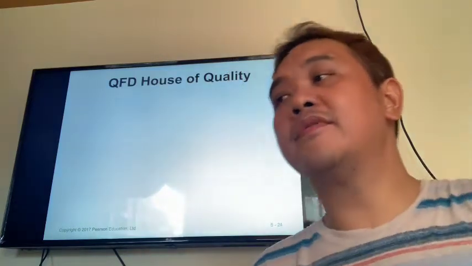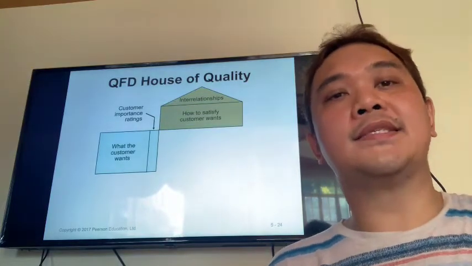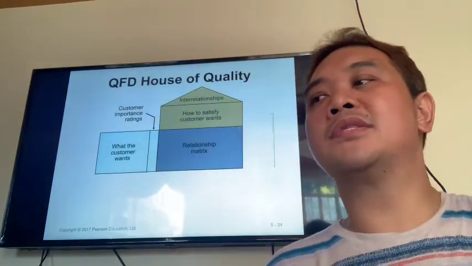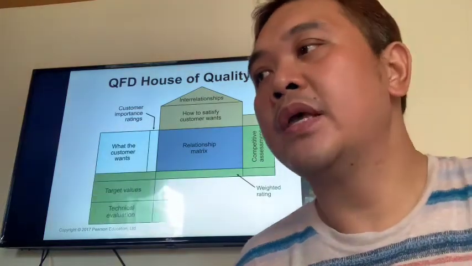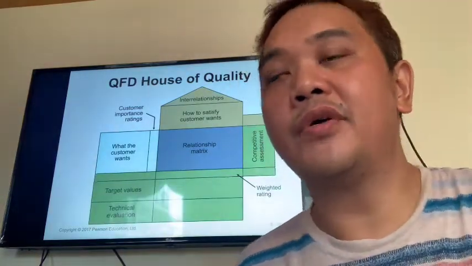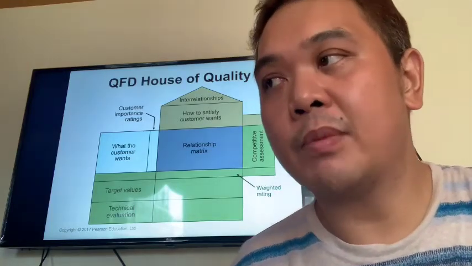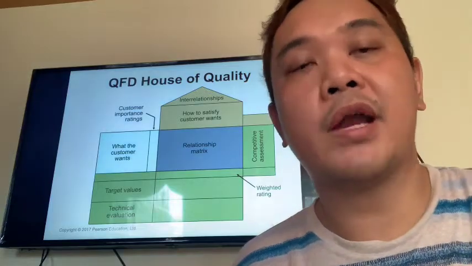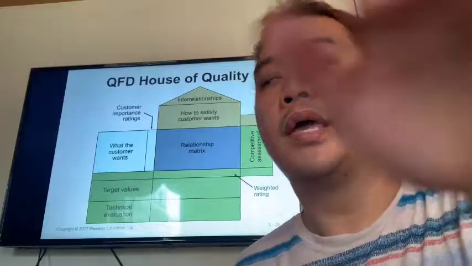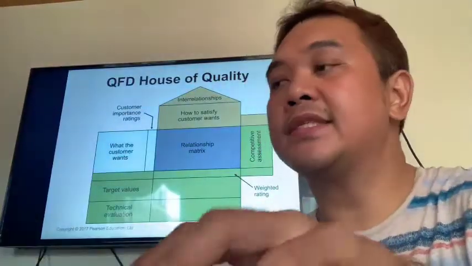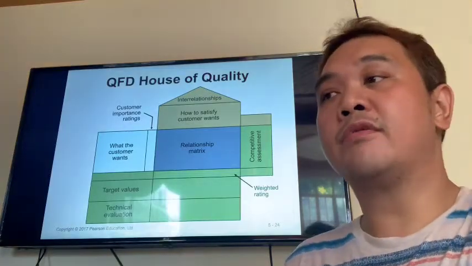So a house of quality, for example, will look like this. Okay? So it looks like a house. That's why it's called house of quality. So the roof of the house will be your interrelationship between your technical requirements. Okay? Ito siya. Ito, yung technical requirements. As you can see, how to satisfy your customer wants.